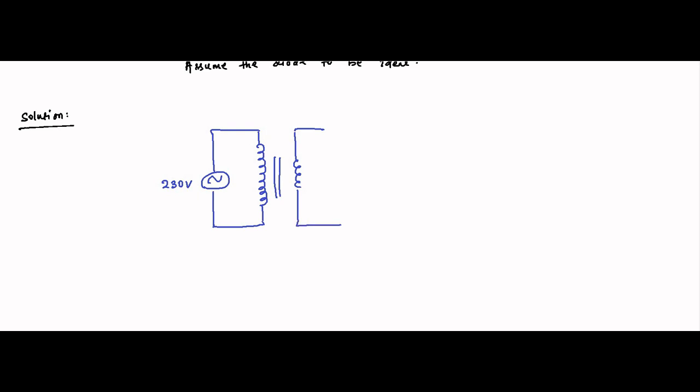Then we have an ideal diode connected, and then we have a load resistance. The diode is ideal, which means no forward resistance. Here the turns ratio is 10:1. Okay, this is the circuit.